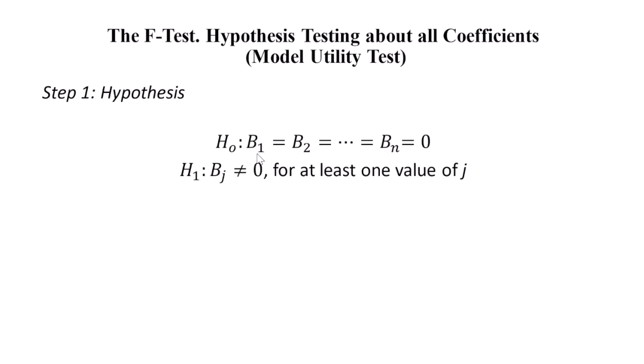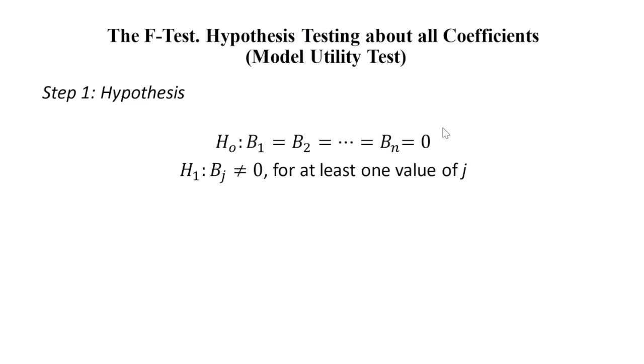So if B1, B2, all of the coefficients are equal to 0, there would be no independent variables. So we would compare this model with no variables with the model with 2 independent variables that we already specified just now.